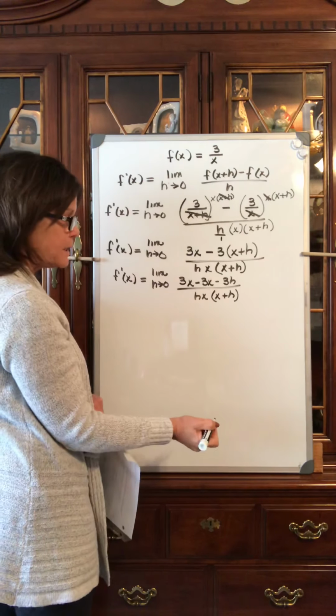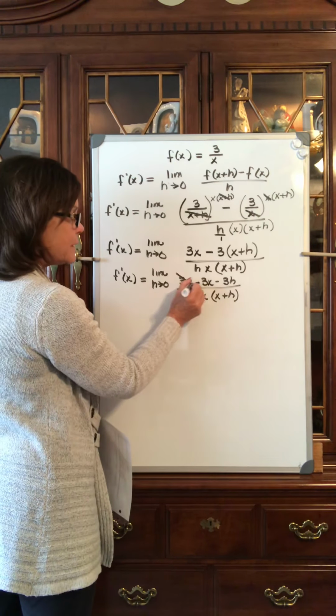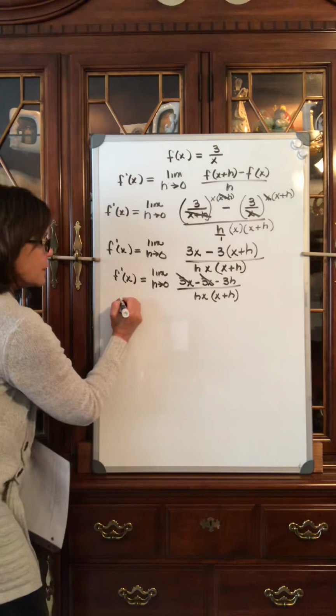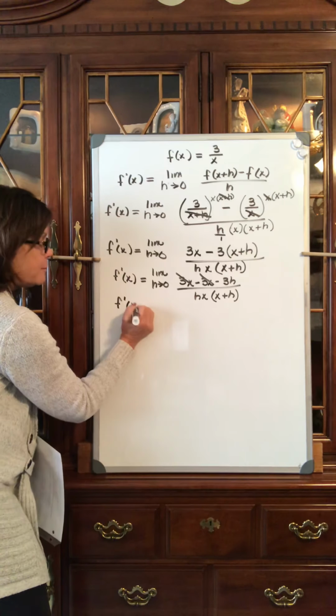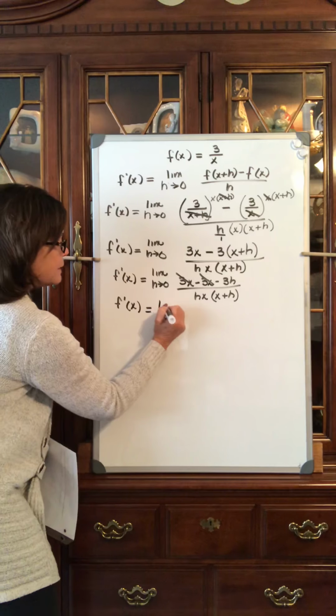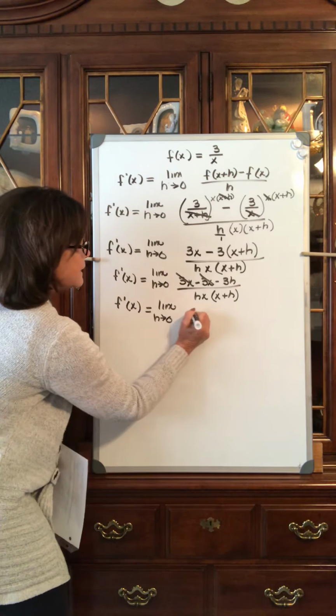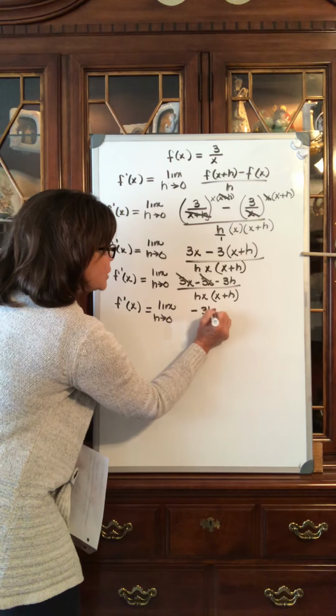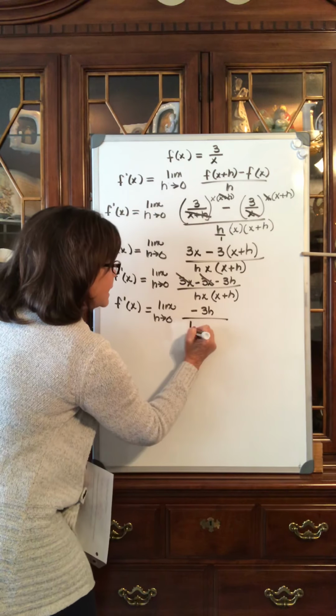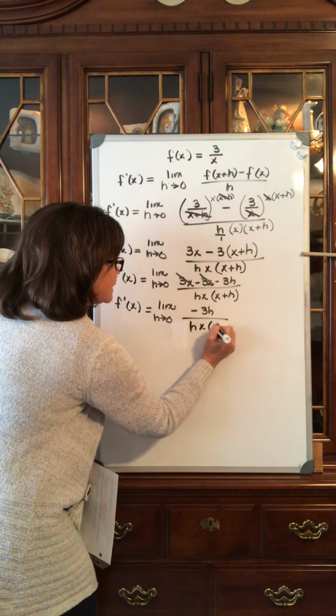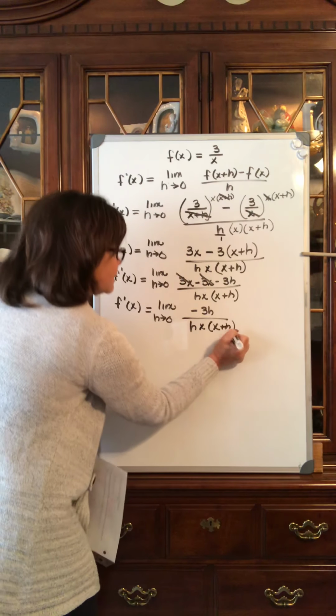Again, I'm not distributing yet. These 3 x's cancel, so the first derivative, f prime of x, is equal to the limit as h approaches 0 of negative 3h divided by h times x plus h.